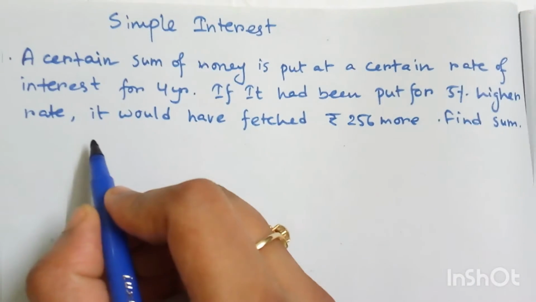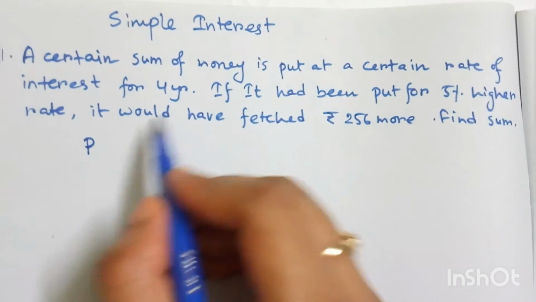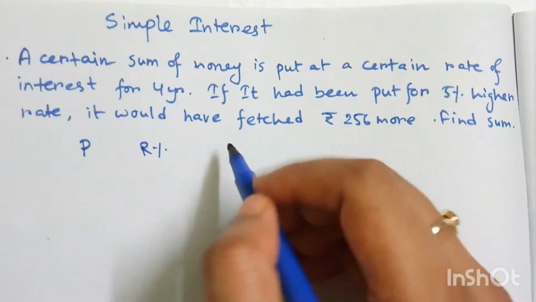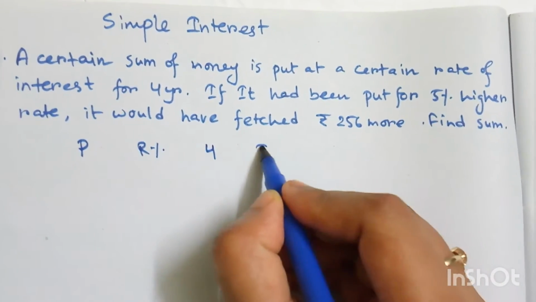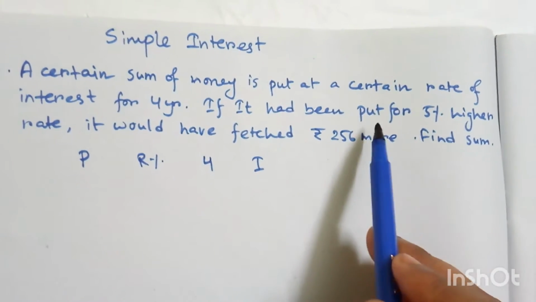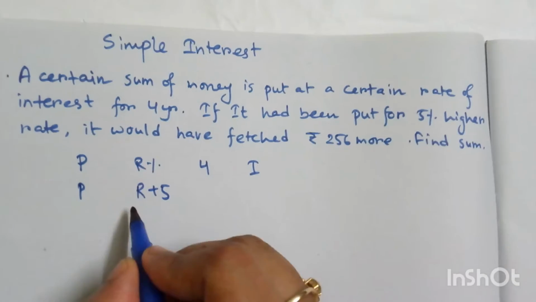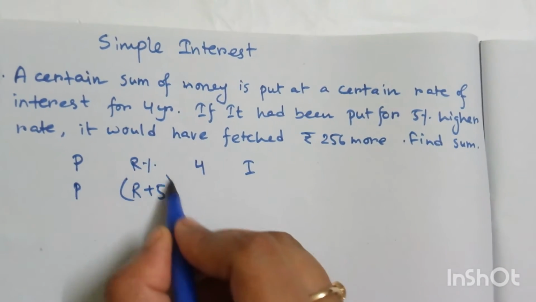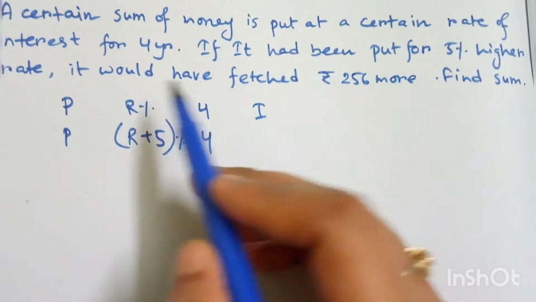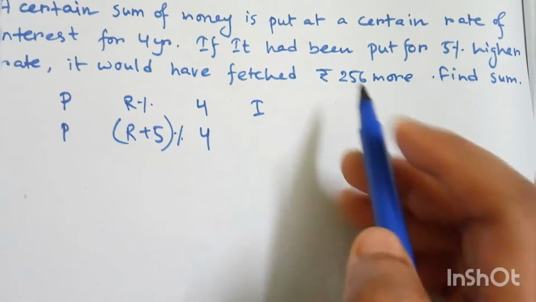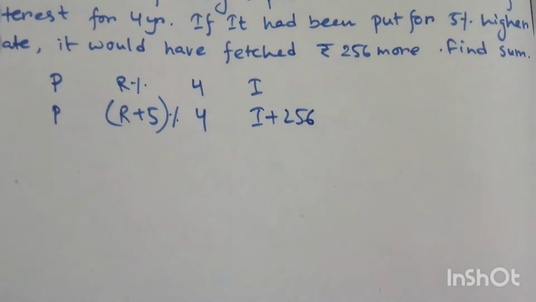So we assume the principal is P and the rate of interest is R% and the time is 4 years and the interest is I. If it had been put at a 5% higher rate, the principal is the same, the rate of interest is 5% higher, the time is 4 years, it would have fetched 256 more, so the interest will be 256 more.